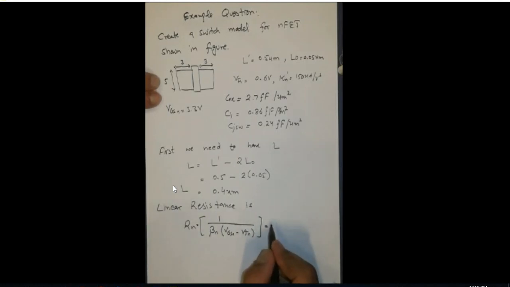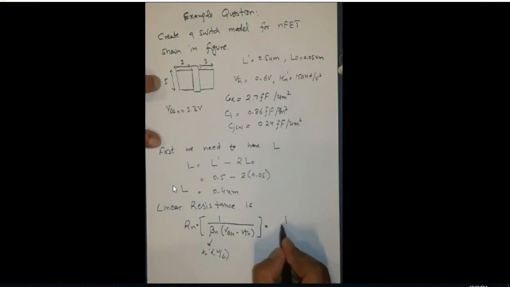basically this beta n is equal to kn W by L. We have seen this formula earlier. This is given by kn bar into W by L. So we will put the values here for this expression.